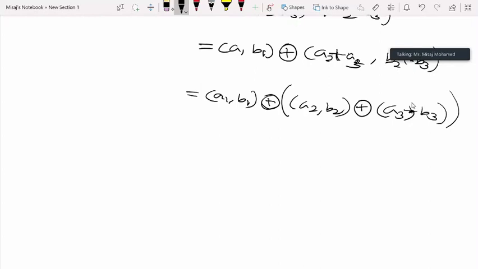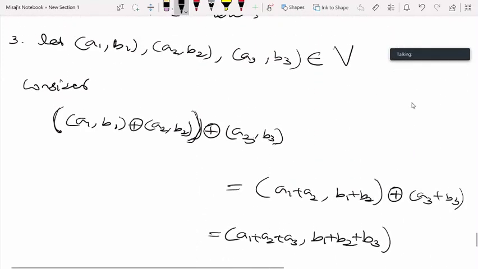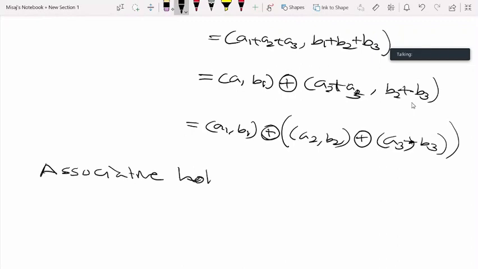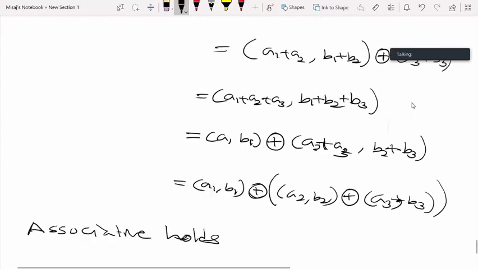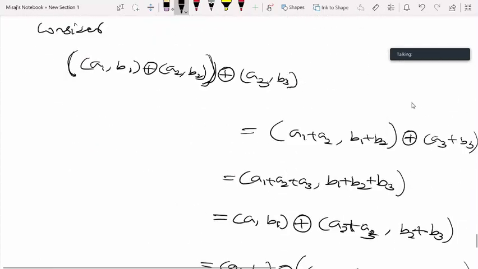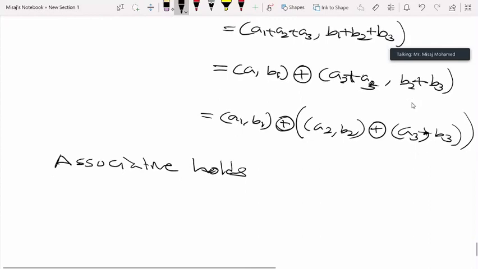Okay, is that associative? Associative holds. Clear? Right. What is the next property?